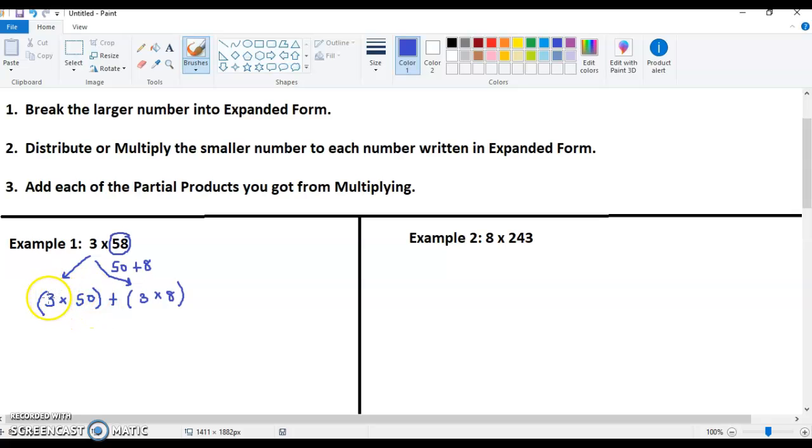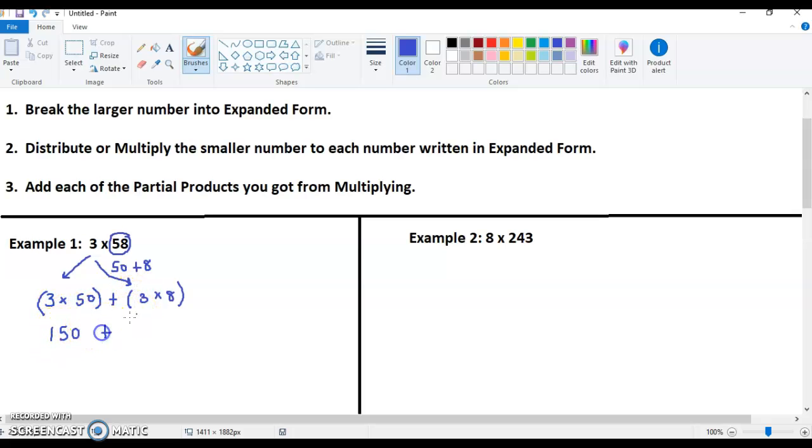So the first one says 3 times 50, which is the same thing as saying the number 50 three times. You can just multiply 5 times 3, and you know 5 times 3 is 15, or you can just add the number 50 three times. You go 50, 100, and then 150. So 3 times 50 is 150.